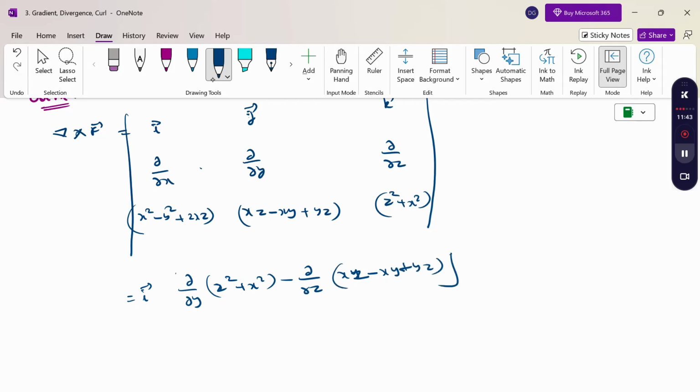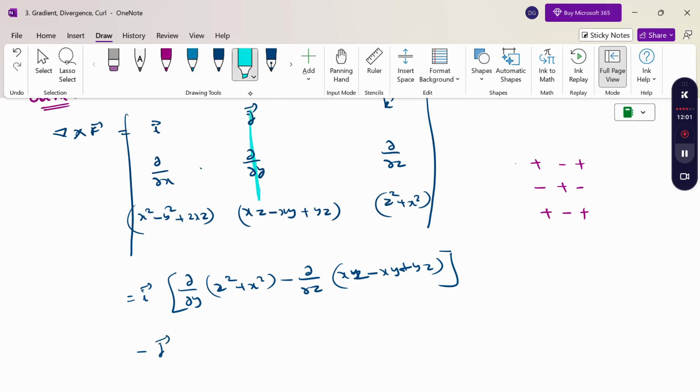This is the i term. The signs go plus minus plus. This is the form. So the first term is plus, the second term is minus j vector.